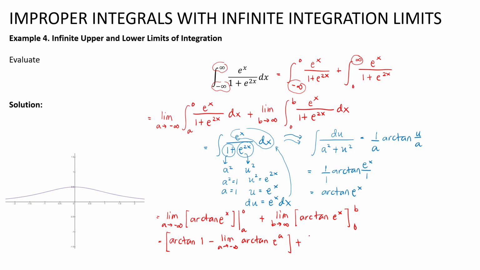Then plus the limit of b approaches infinity of arctangent e raised to b, and then minus arctangent 0.